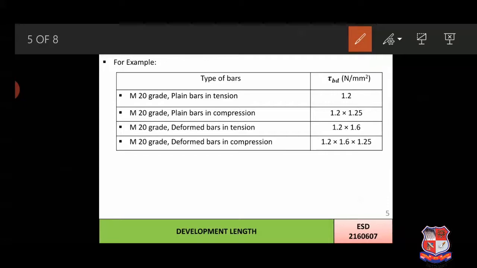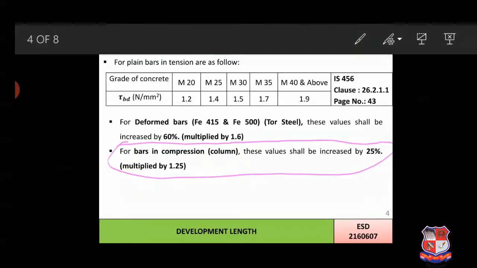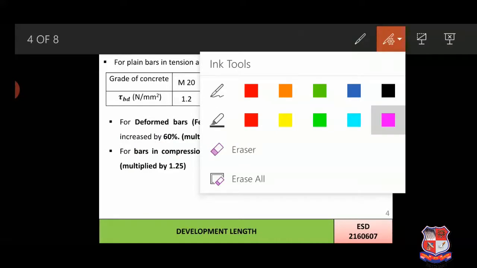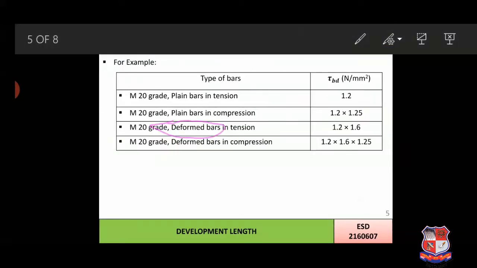The value of τbd for M20 grade is 1.2, bar is in tension, so there is no worry. Now the bar is changing from plain to deformed bar. For deformed bar, the value will be increased by 60%, means 1.2 multiplied by 1.6.